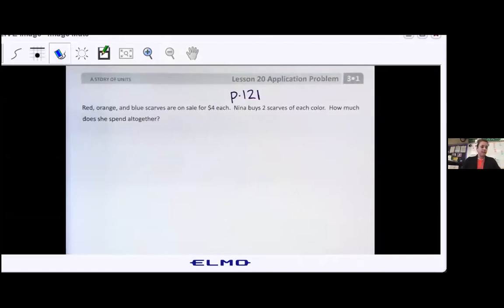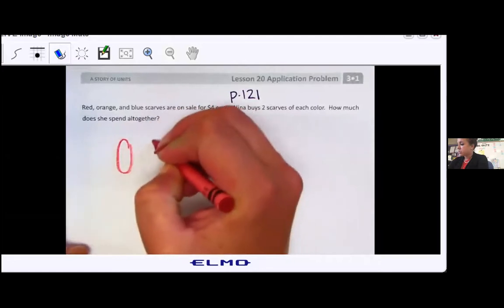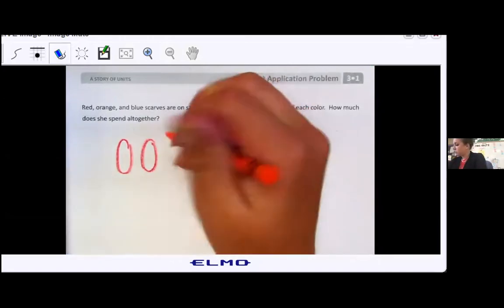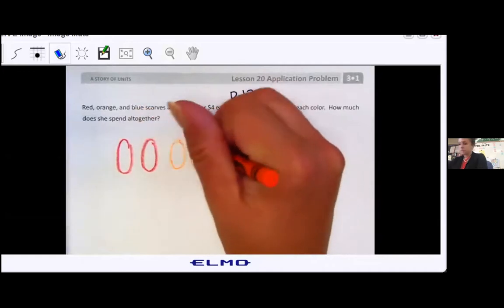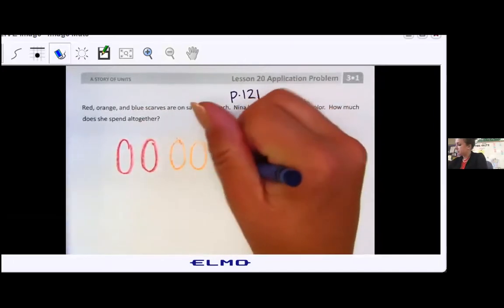Okay, now that you've tried it on your own, hopefully, I'm gonna go over the answer. So I know that Nina buys 2 scarves of each color. That means she gets 2 red scarves, 2 orange scarves, and 2 blue scarves.